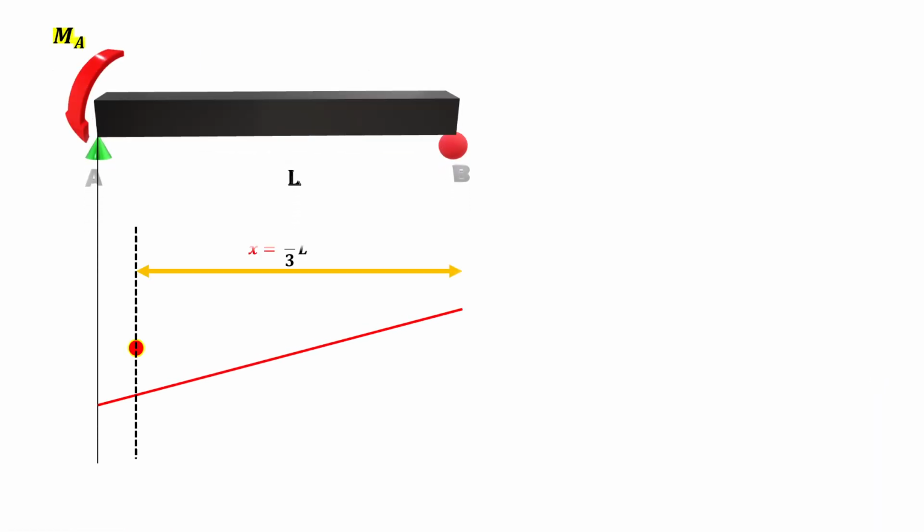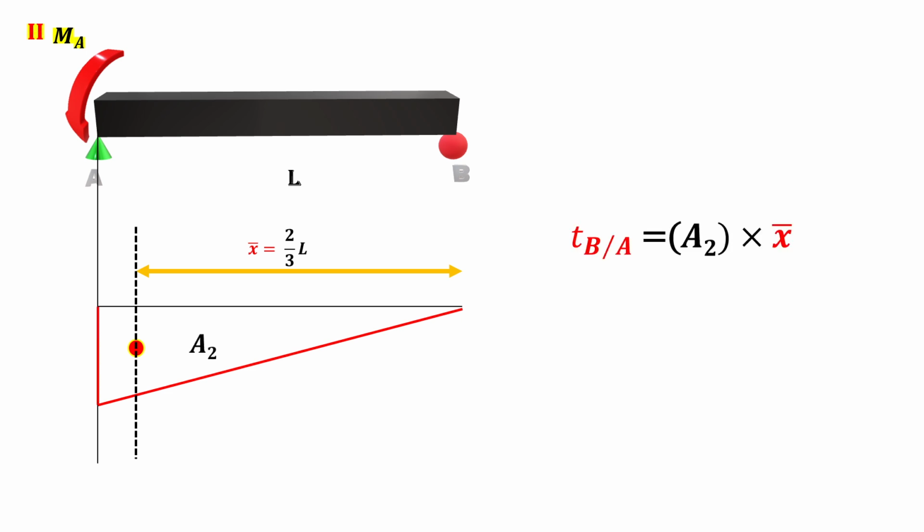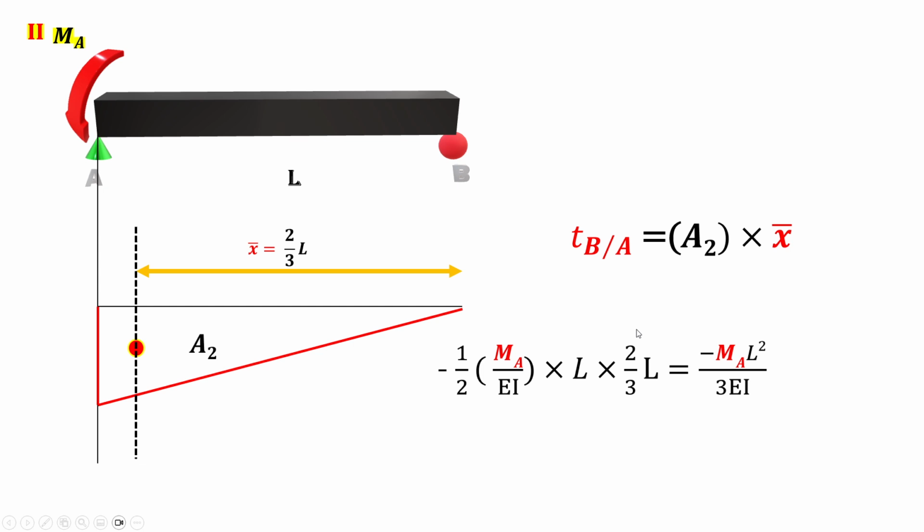And for the second part, if you draw the moment diagram for this part, this time the tangential deviation of B with respect to A is A2 times the X bar, which is 2/3 of L from B. And if you do the math, just be careful, this area is a negative area, and it gives us a negative M sub A L squared over 3 EI.